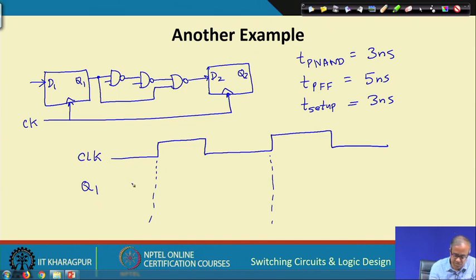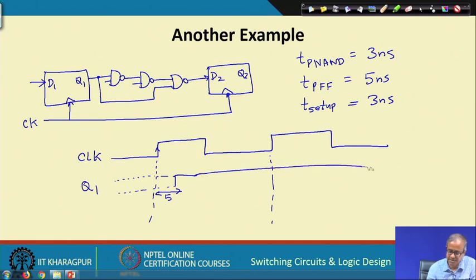Q 1 was whatever it was earlier, I do not know. After a delay of 5 nanoseconds, T P F F, I will get the new value of Q 1 here, and this value will remain after that.